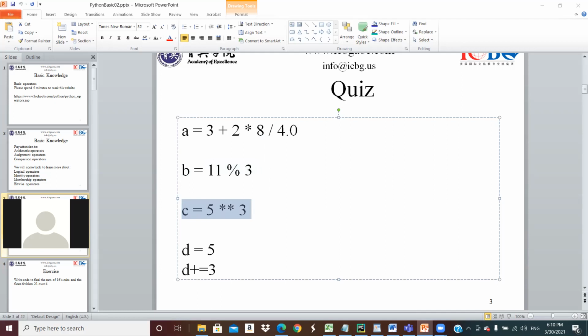That is 125, because that means it's the cube of 5, right? 5's cube is 125. It's 5 times 5 times 5, so it's 125. Can anyone tell me what D's value is now?